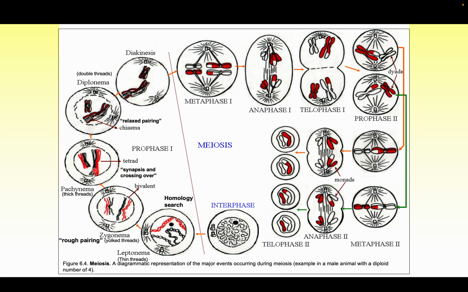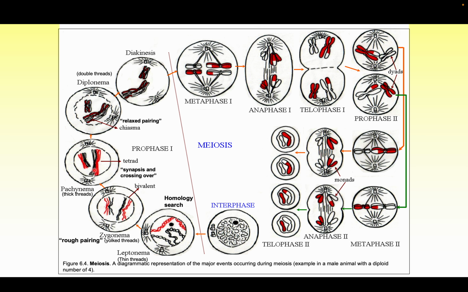So during pachinema, the homologous pairs of chromosomes have already established correct pairing with one another. Prior to pachinema, during zygonema and leptonema, there is what we call homologous search, so the homologous chromosomes will look for one another.